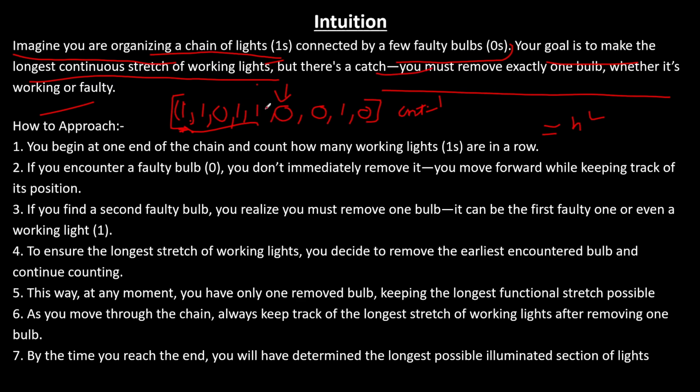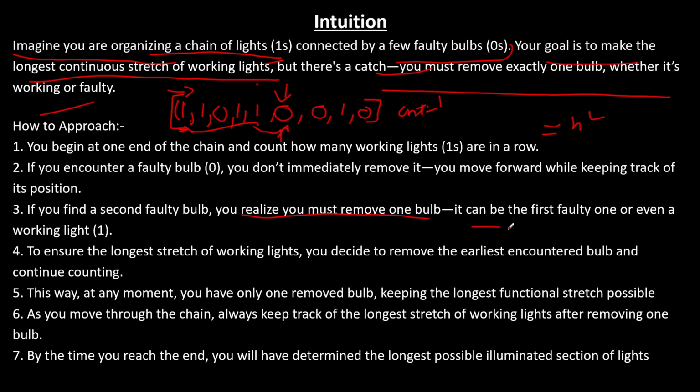Okay, now what? We have to check for further values also, right, whether we get a larger part or not. For that, what we do? We keep our i here, or whatever variable we were taking, and just move it forward from the left side. Why? Because if you find a faulty bulb, you realize you must remove one bulb.